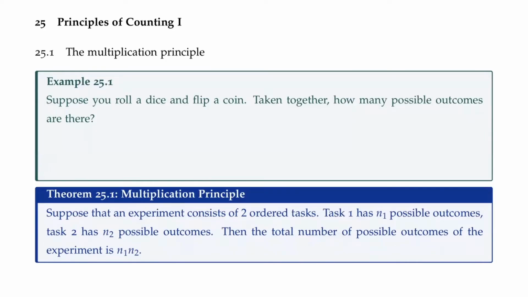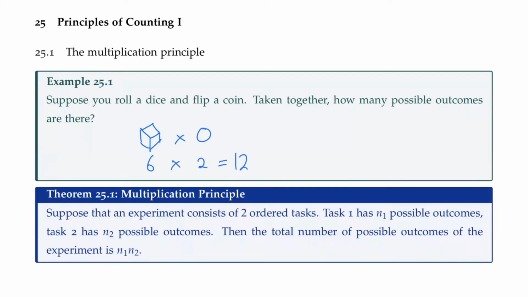So for example, if you roll a dice and flip a coin, how many possible outcomes are there? Well, if you roll a dice, there are 6 possible outcomes, assuming it's a normal 6-sided dice. And if you flip a coin, there are 2 possible outcomes. So if we multiply these two things together, that gives me the total possible outcomes that we can have.